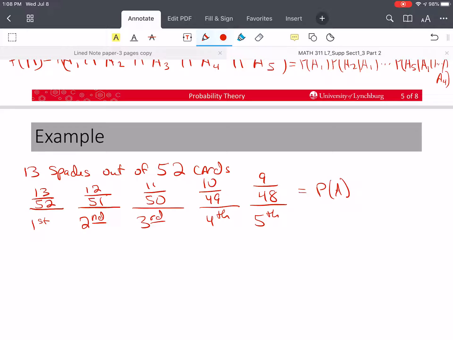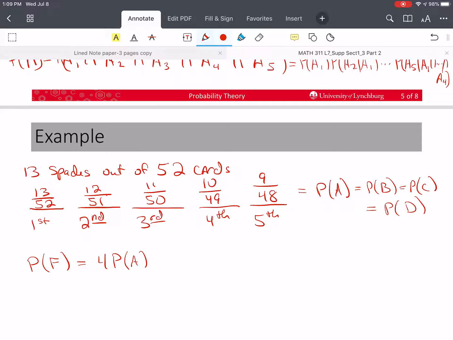And because there's the same number of spades as there are hearts, diamonds, and clubs, this is going to also equal the probability of B and the probability of C and the probability of D. So we could write the probability of flush, F, equals 4 times the probability of A, because A, B, C, and D are all equally likely.